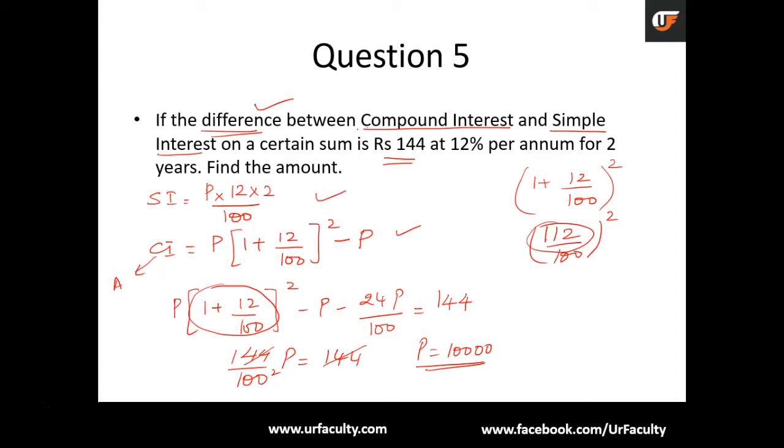This looks scary, right? You can see a video on the shortcuts for arriving at squares of 3-digit numbers. But just to give a hint of how it works, what do we do to find 112 square easily?